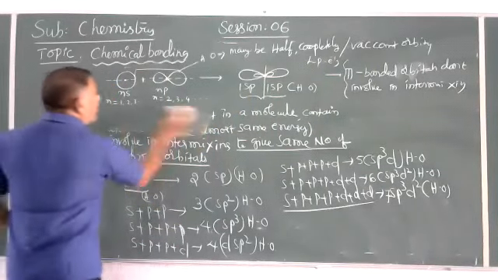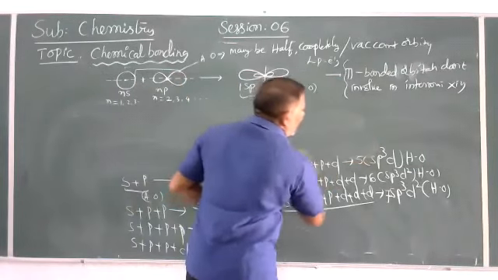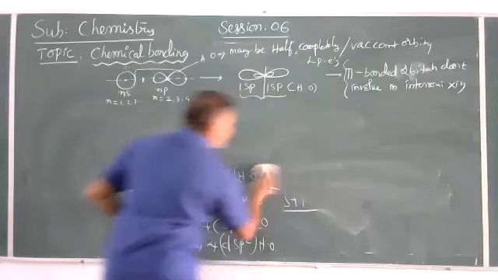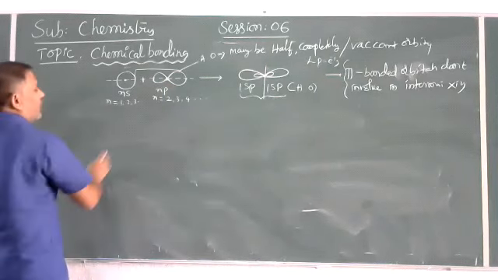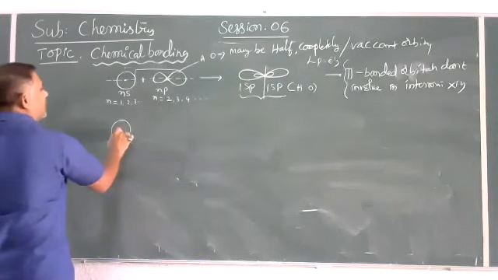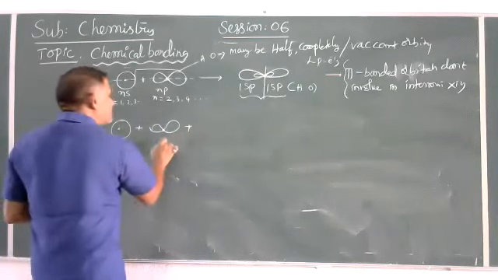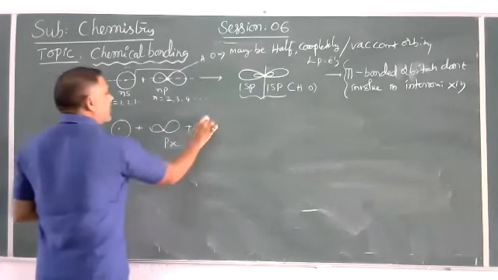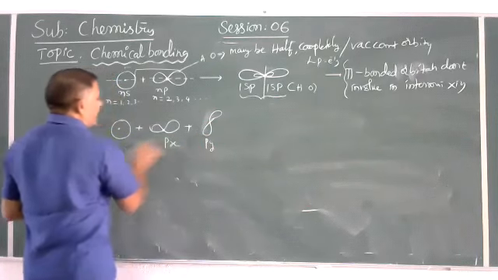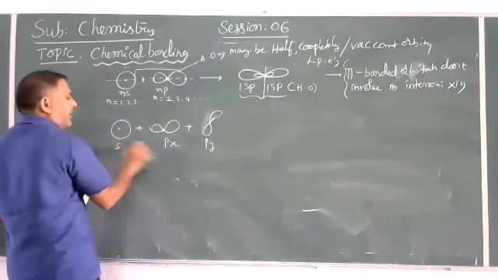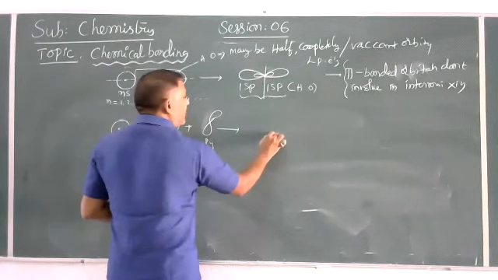If one s orbital and two p orbitals undergo intermixing, I'll show here how they intermix. Listen here. Here is one s orbital and two p orbitals, px and py, on the central atom of an element.